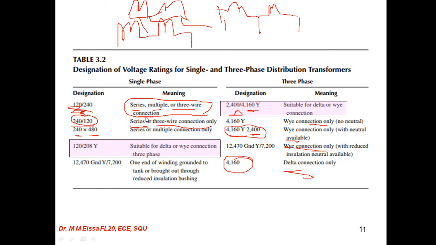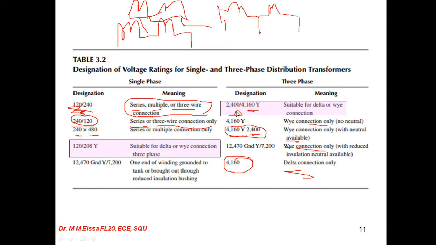If we have 240/120, with the high voltage first, we have only two connections, series or three wire connections only. If we have 240 multiply 480, we have series or multiple connections only. This is what is meant by crossing.